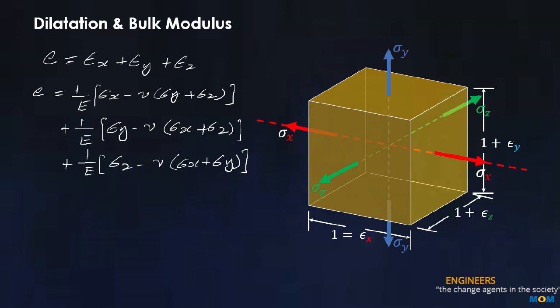Now, by rearranging the expression, this could be written as e is equal to 1 minus 2 nu upon E times sigma x plus sigma y plus sigma z.